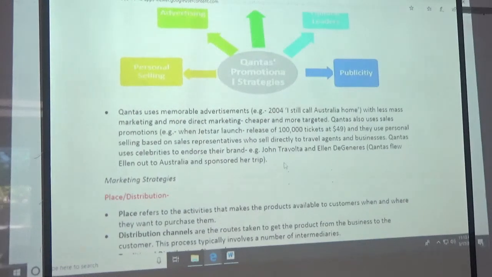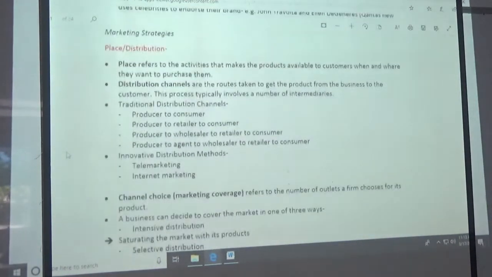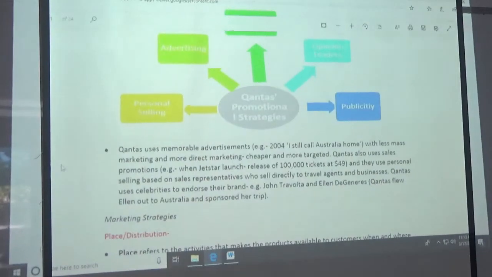And they use personal selling to travel agents and businesses. They also use celebrities. This is an influencer. So celebrities like John Travolta or whatever to fly to Australia in a sponsored trip. So that's one example of companies' mix of their strategies.